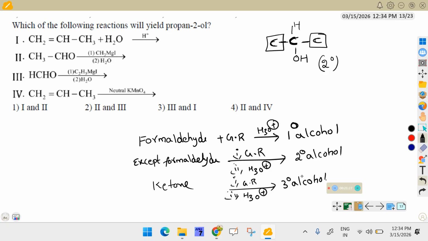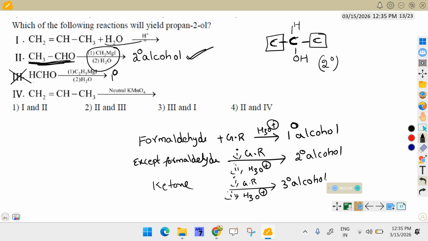First of all, identify this is an aldehyde, but not formaldehyde. Except formaldehyde, the remaining aldehydes react with a Grignard reagent, and on further hydrolysis give a 2-degree alcohol. So the second one gives a 2-degree alcohol. What about the third one? The third one is formaldehyde. It gives a 1-degree alcohol, so the third one is wrong. Check the first one.